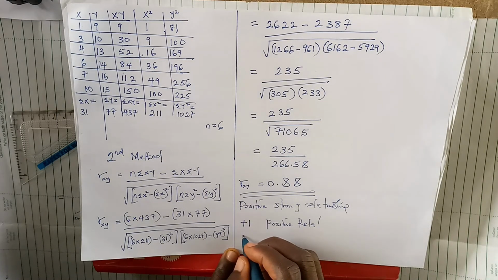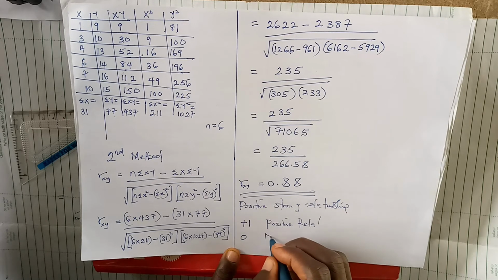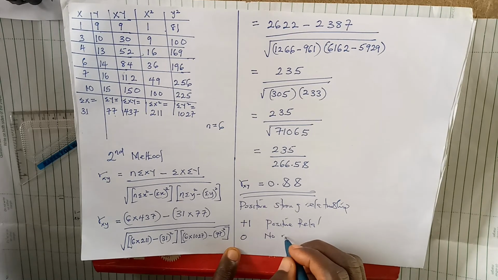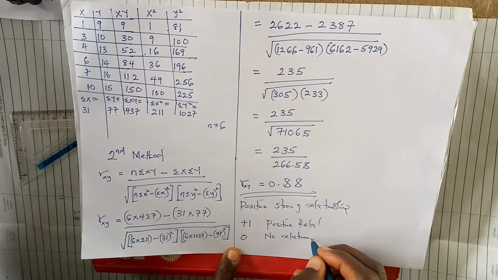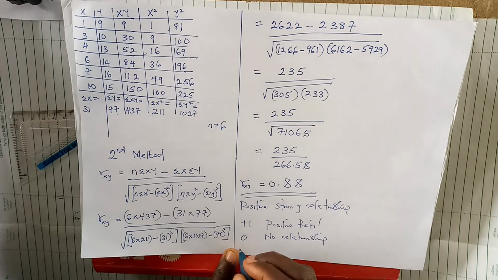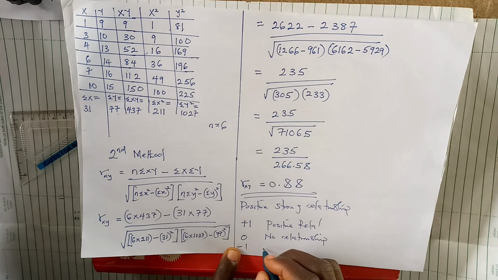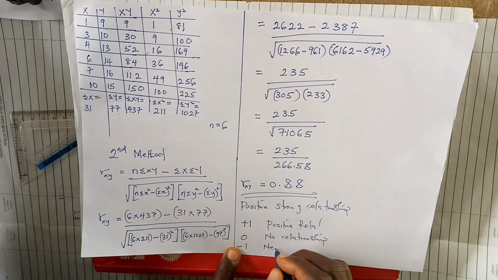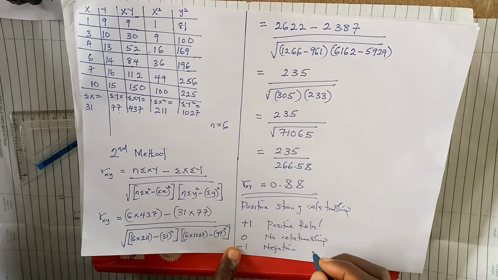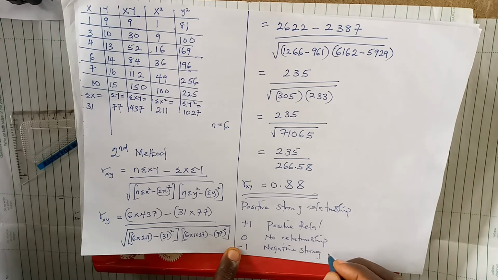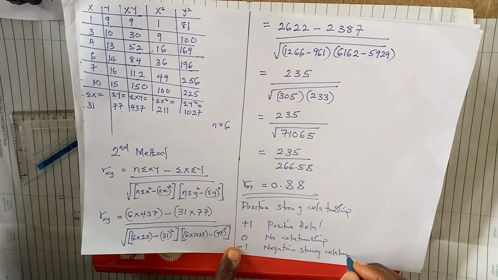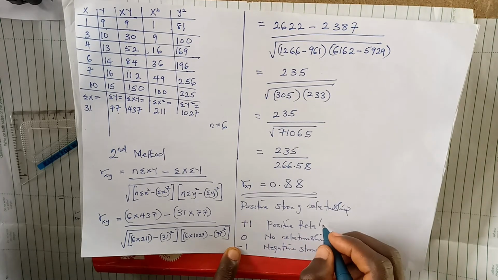Now if our correlation is 0, that means no relationship, and if we have minus 1, this is a negative strong relationship, while this one is a positive strong relationship.